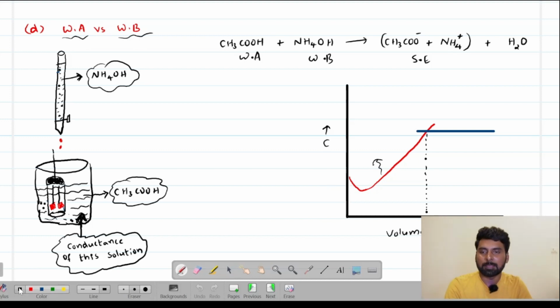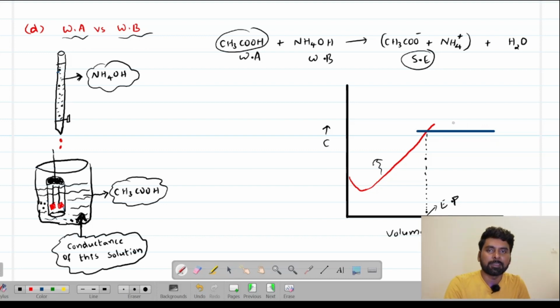So what is happening during the titration? The weak acid slowly reacts, forming a strong electrolyte, that's why conductance is increasing. Why is there an initial decrease? That is due to the suppression of dissociation of weak acid due to the common ion effect between acetic acid and ammonium acetate. And when you see the graph after the endpoint, where is the endpoint in this graph? This is the endpoint. After the endpoint, conductance is almost constant.